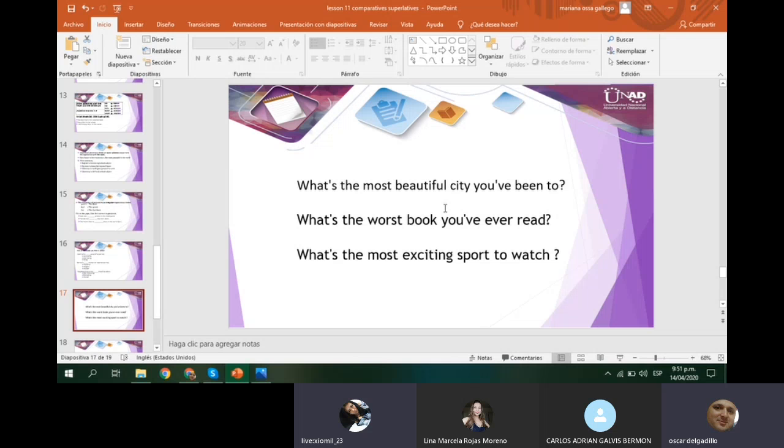You can say, for example, the most beautiful city I've been to is... Agua Azul, teacher. Okay, Agua Azul is the most beautiful city you have been to.